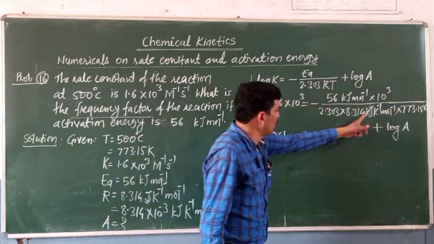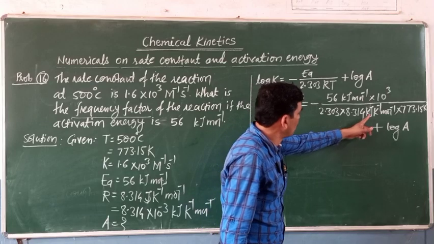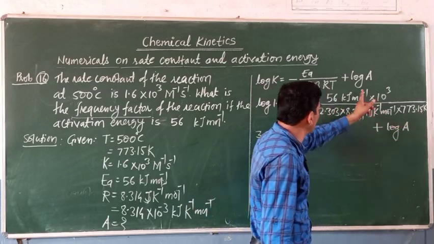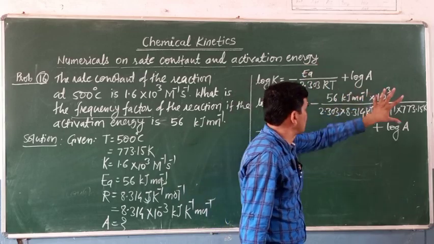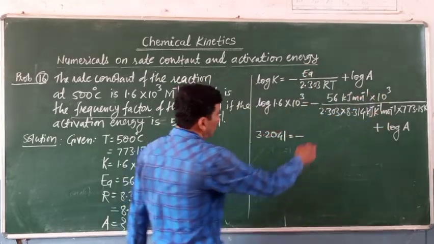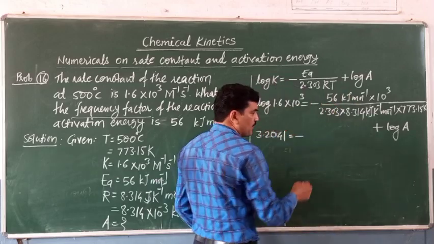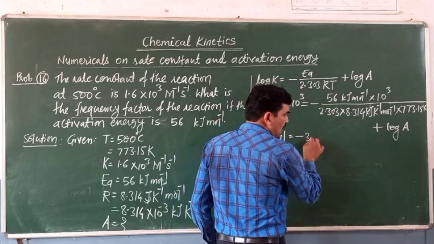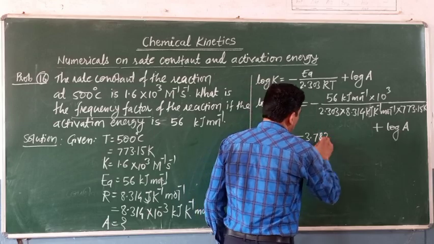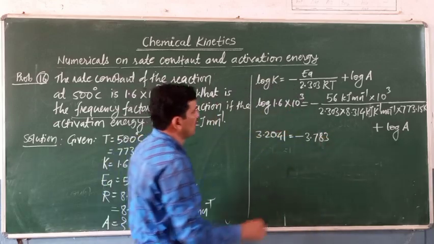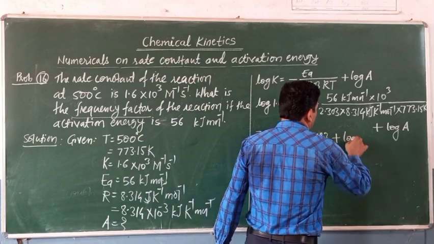So kilojoule and kilojoule get cancelled, per Kelvin and Kelvin get cancelled, per mole and per mole get cancelled. So all the units from this term get cancelled. When we solve it, we get minus 3.783 plus log of A.